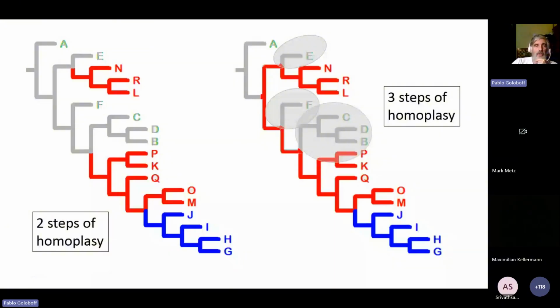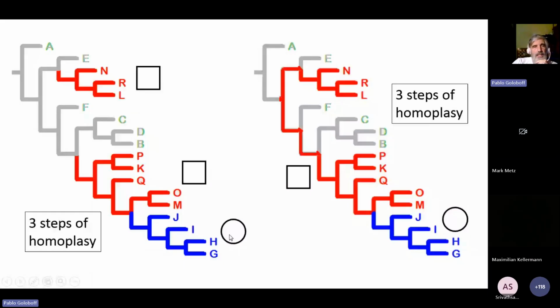Which reconstruction is going to be preferable is going to depend on the number of characters that are dependent and whether or not they agree in the independent originations. Suppose you also have the section of the tail in addition to the color of the tail. So if the red tails are all squared, the blue tails are all rounded, in this case, you have 3 steps of homoplasy.